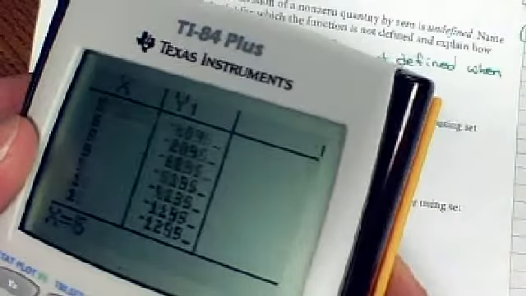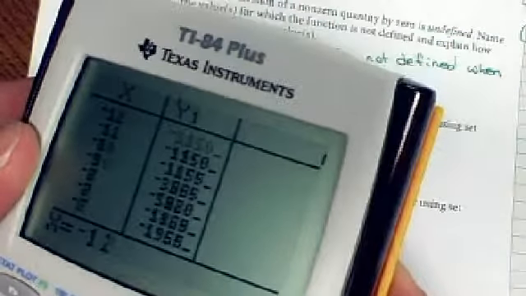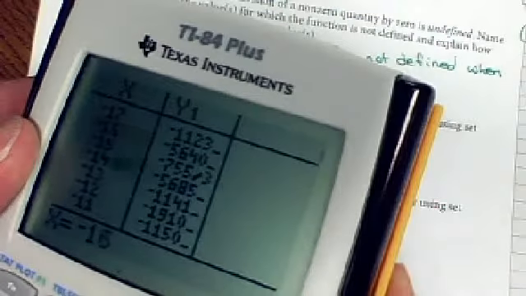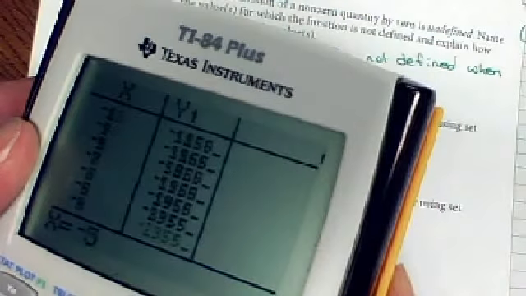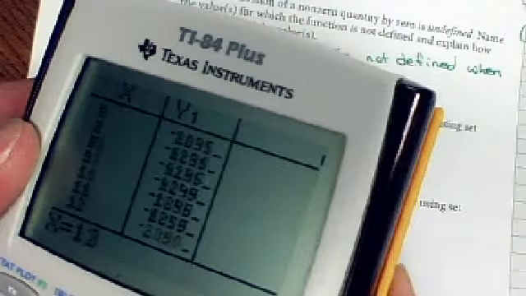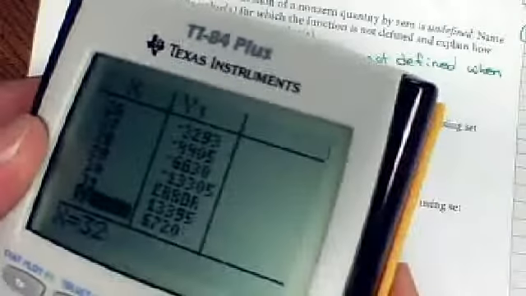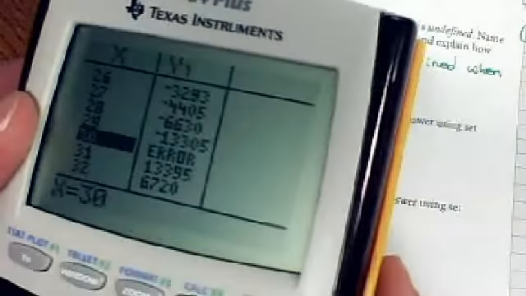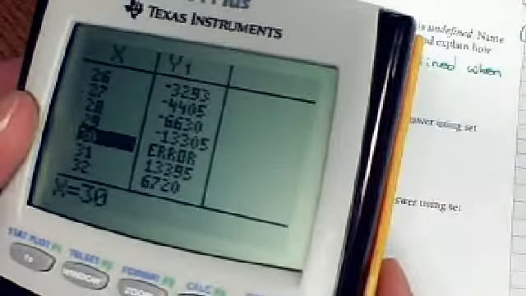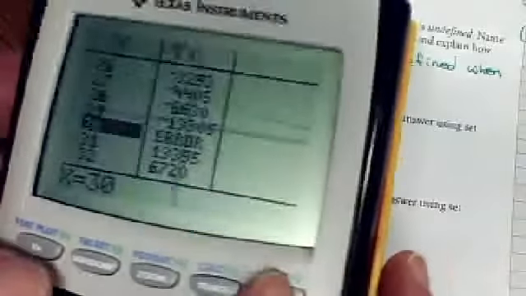Ooh, lots of negatives, huh? They're just getting worse. There's something keen about 30. Ooh, look what happens when x is 30. I get an error.